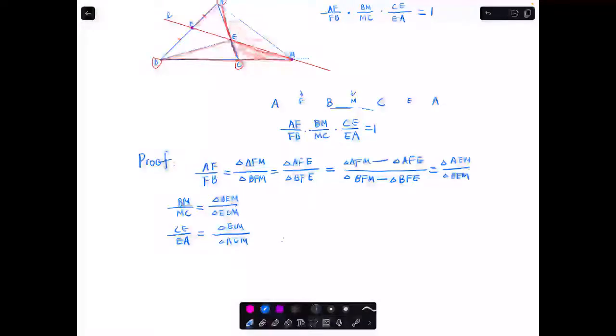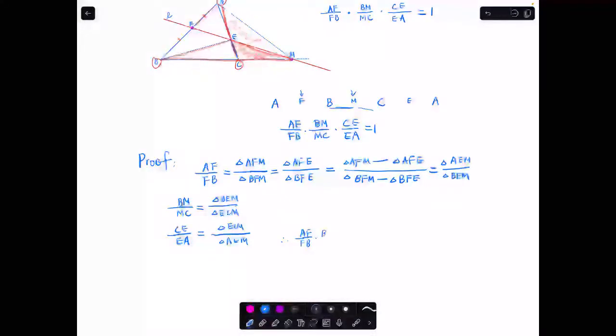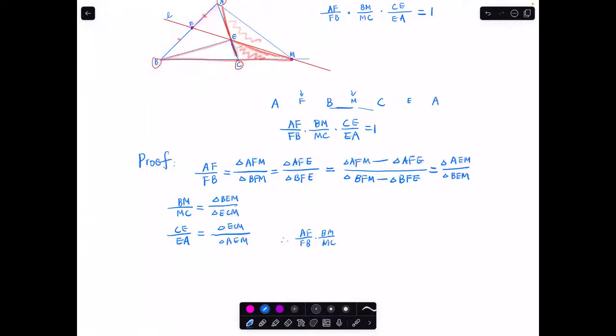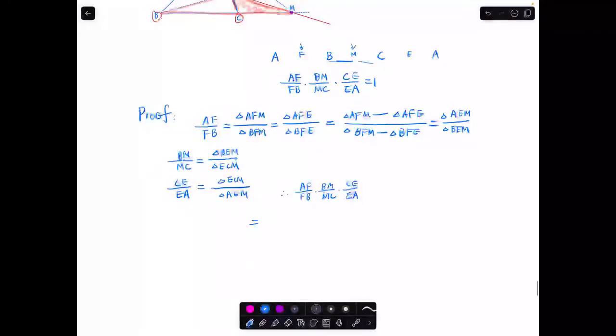So if you multiply everything together, AF over FB times BM over MC times CE over EA, you're going to plug in, right? So AEM over BEM for the first one.